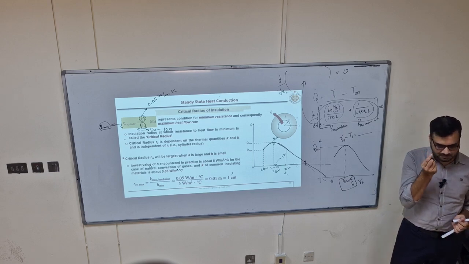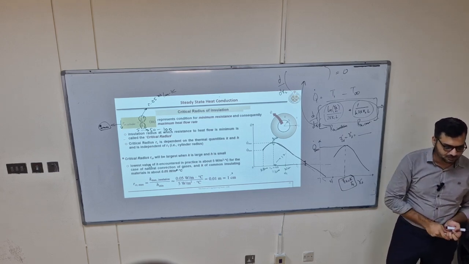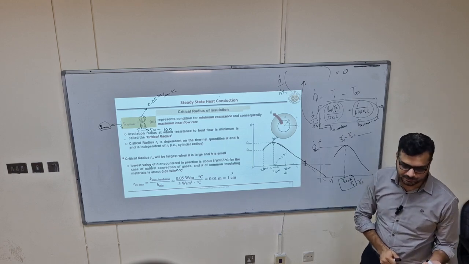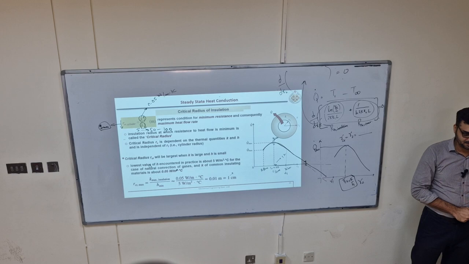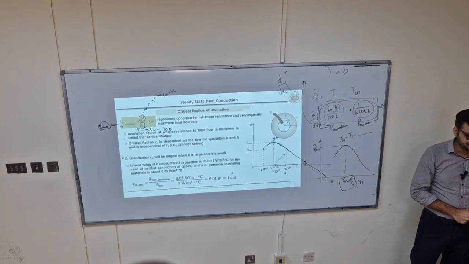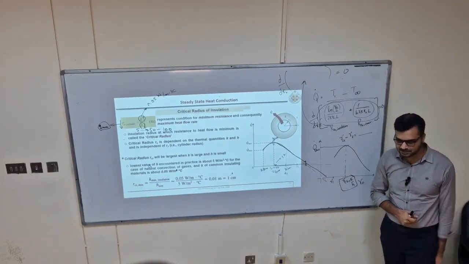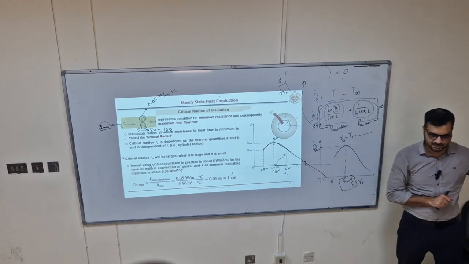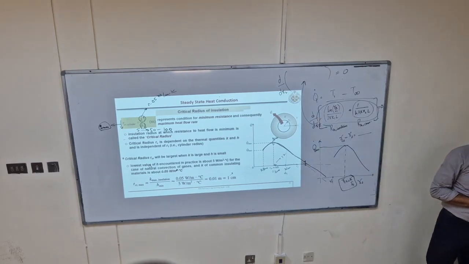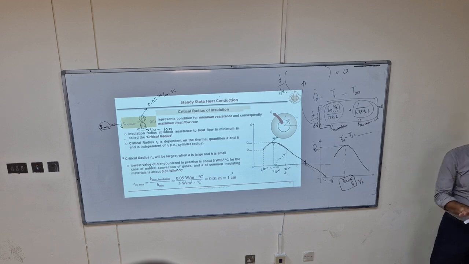Very small, maybe 1 mm, 2 mm, 3 mm. And what is the purpose of that insulation? To avoid heat transfer, or to avoid electric shock? Yes, electric shock, not heat transfer.